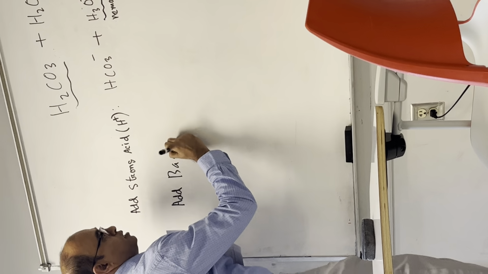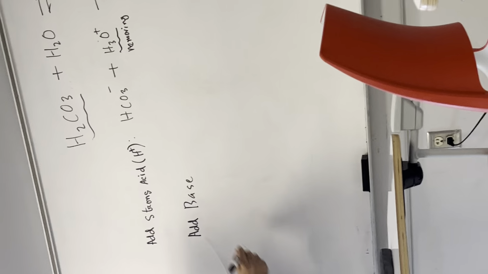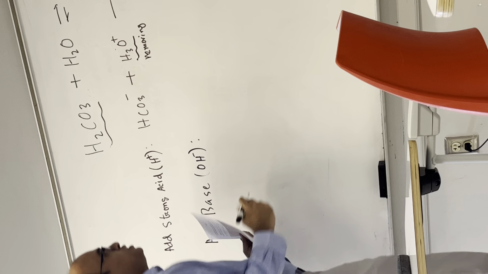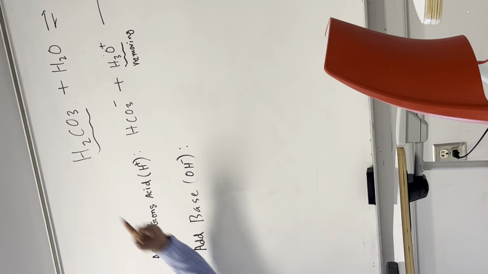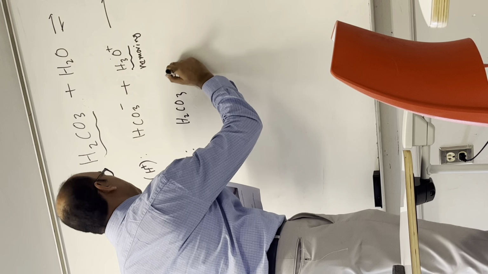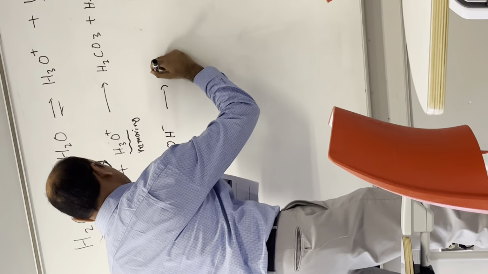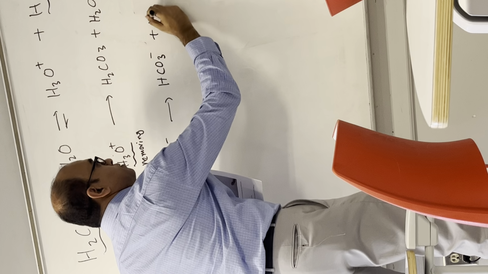Which one is it going to react with? A base gives what? Hydroxide. Now the base is going to react with what? H2CO3. H2CO3 reacts with the base and gives HCO3 minus and water.